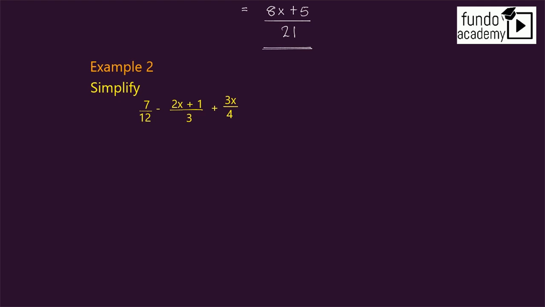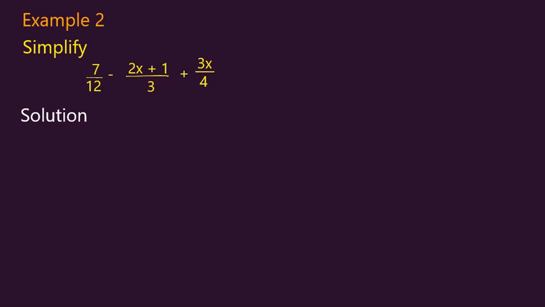Alright, so let's check out the solution. Remember we said we first look for the lowest common multiple, LCM, for our denominators. For 7 over 12 minus (2x plus 1) over 3 plus 3x over 4, we look for the LCM of 12, 3 and 4, and it happens to be 12.